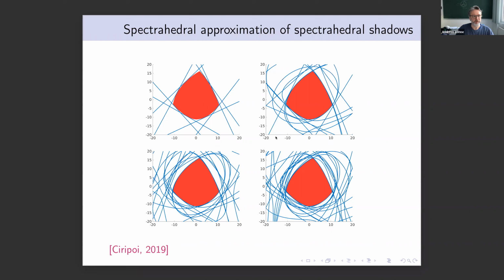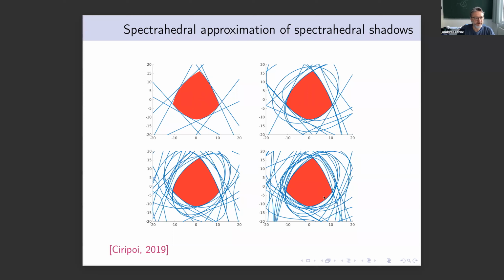So one can formulate a semi-definite program, and depending on the matrix size of the semi-definite program, you obtain a polyhedral approximation for very small matrices. And if you increase the matrix size, you obtain non-trivial, non-polyhedral spectrahedral approximations of spectrahedral shadows.